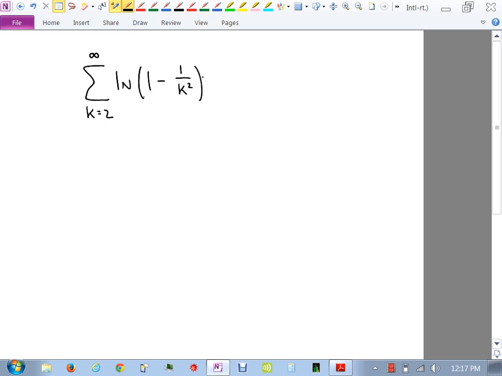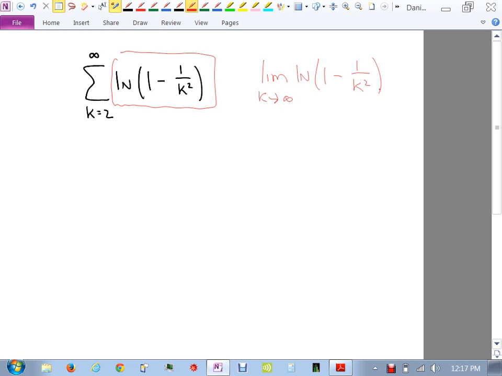What happens if you look at just the inside, and take the limit as k goes to infinity of natural log of 1 minus 1 over k squared? So 1 over k squared goes to 1 over infinity, that's 0. 1 minus 0 is 1.